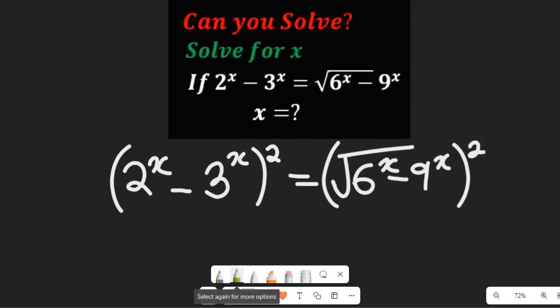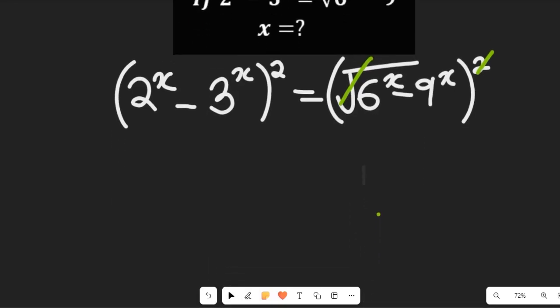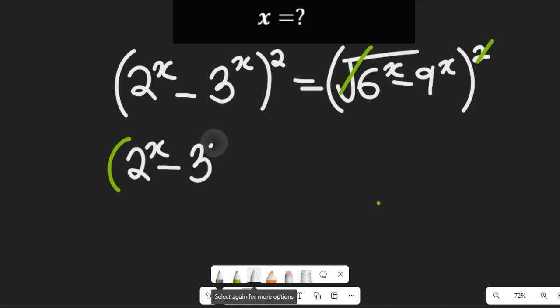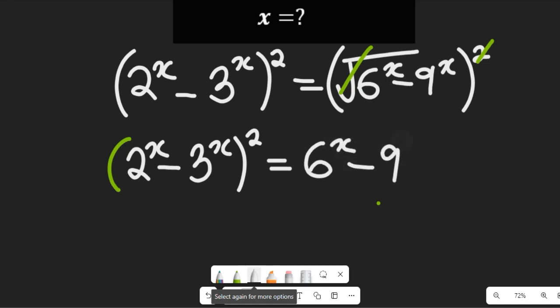From this expression, you see that the square root will simply clear the square, and then the expression will now give us 2 to the power of x minus 3 to the power of x all squared, and this will be equal to 6 to the power of x minus 9 to the power of x.